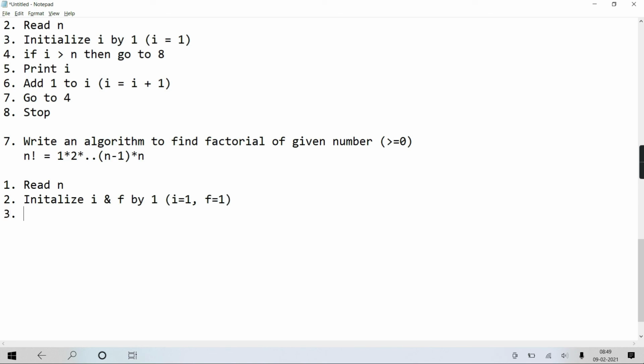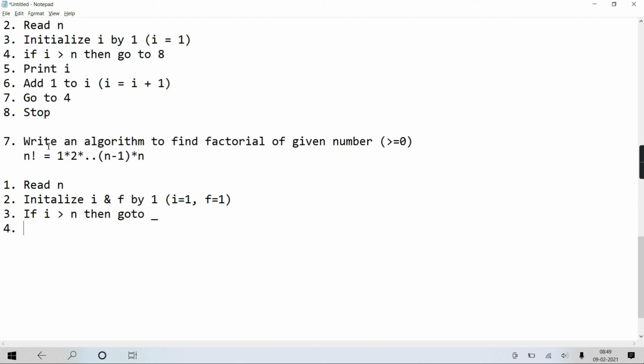Third step, we will check whether I is greater than n. If I is greater than n, then go to some step. Okay? That we will fill later.